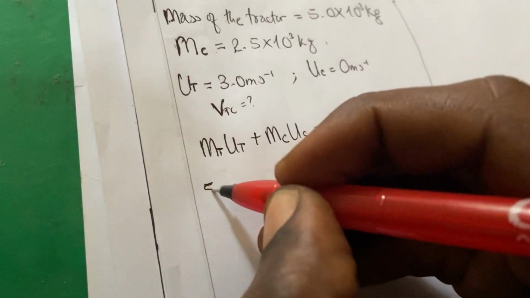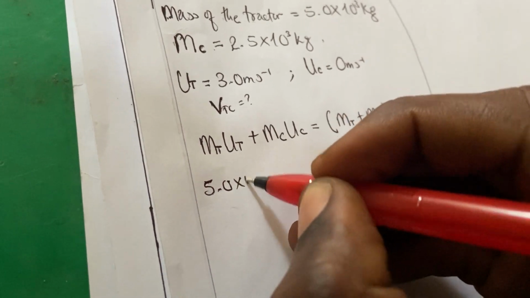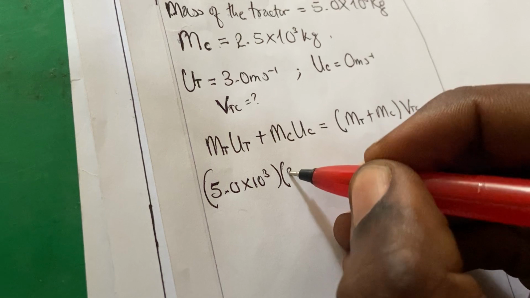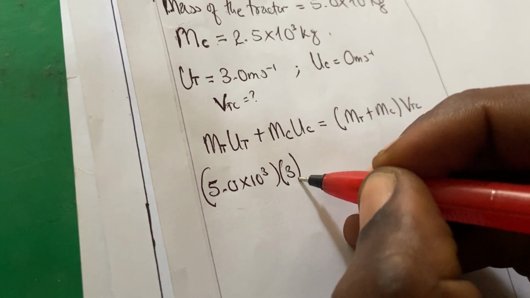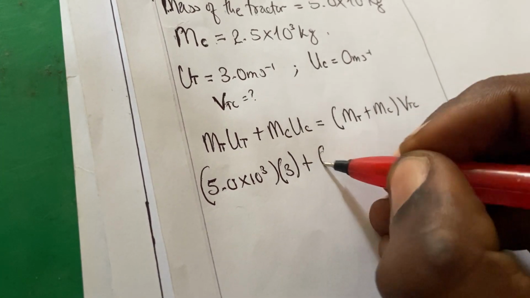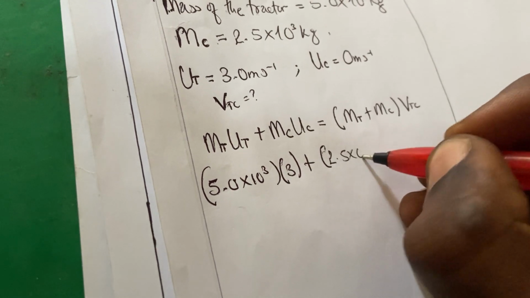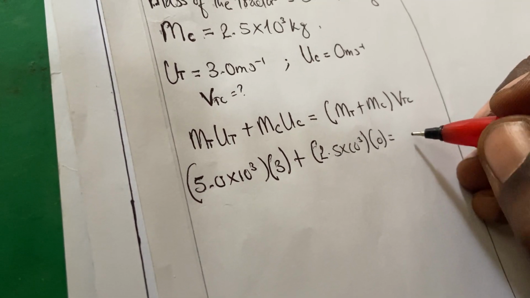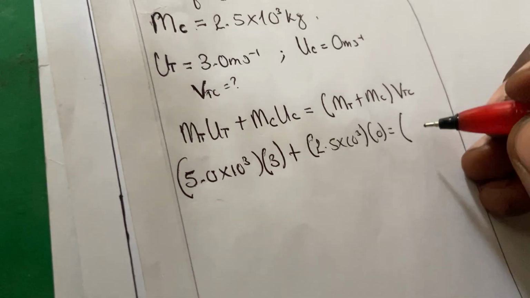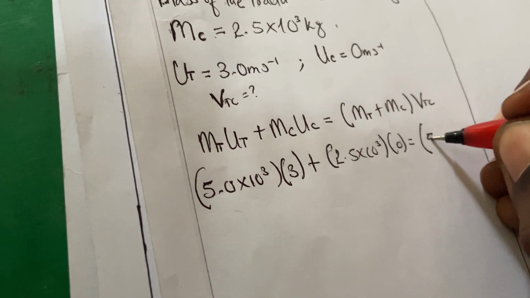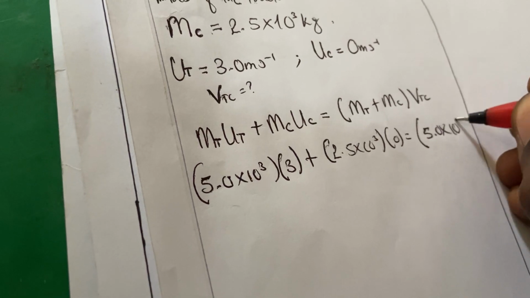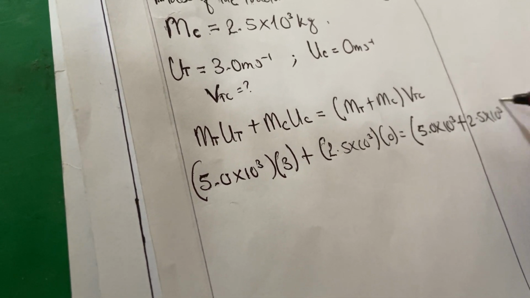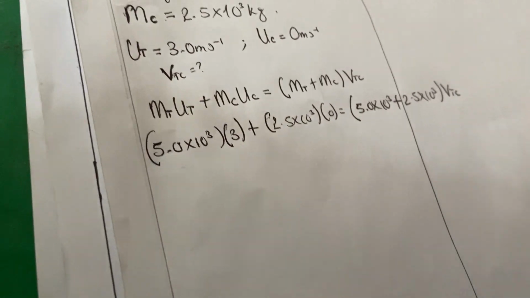That becomes 5.0 times 10 raised to power 3 times 3, plus 2.5 times 10 raised to power 3 times 0, equals 5.0 times 10 raised to power 3 plus 2.5 times 10 raised to power 3, times VTC.